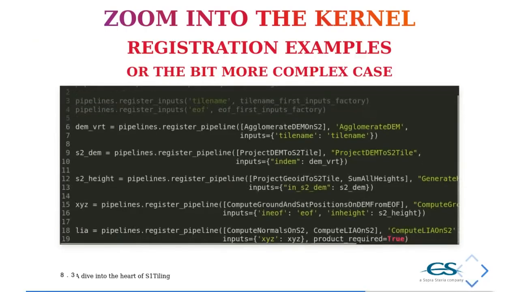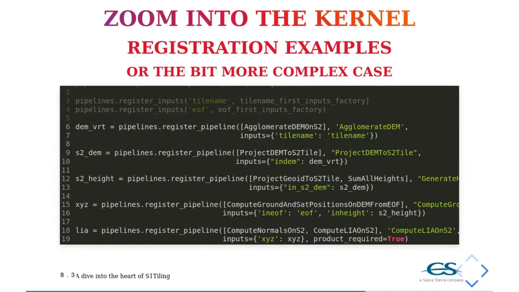And then I have my pipelines. The first pipeline is just an agglomerate DEM. This is not an OTB application. This is a GDAL process. At first, it was an external GDAL executable. Now I'm using the Python API of GDAL to produce the agglomerated DEM and to produce the VRT.